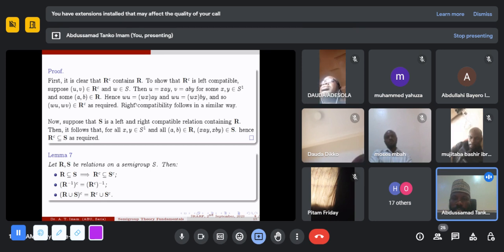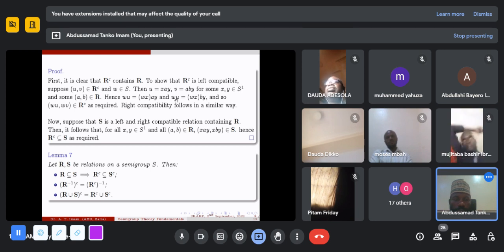And if that is the case, then wu is equal to wxay, and wv is wxby.